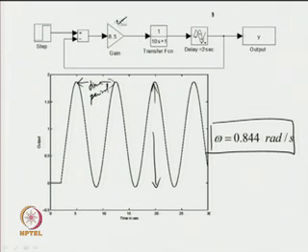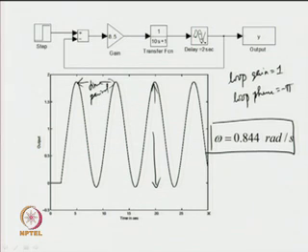Now, when the loop gain is 1 and the loop phase is equal to minus pi, whatever output I get over here will come back here, and due to the negative feedback, that output will get inverted.